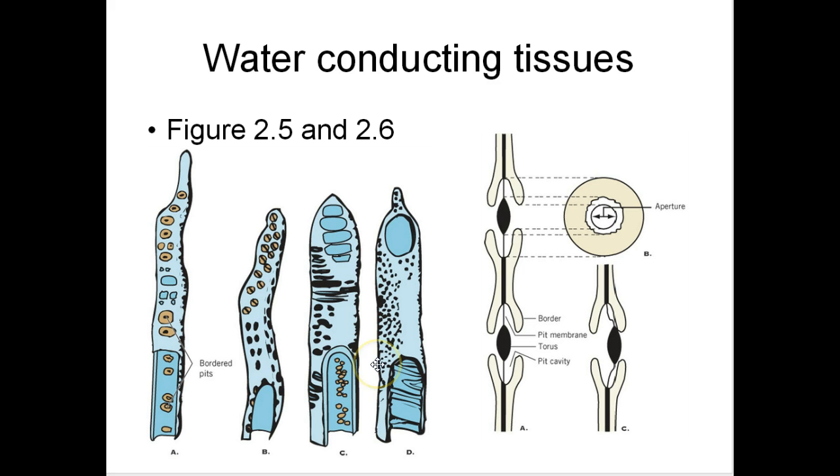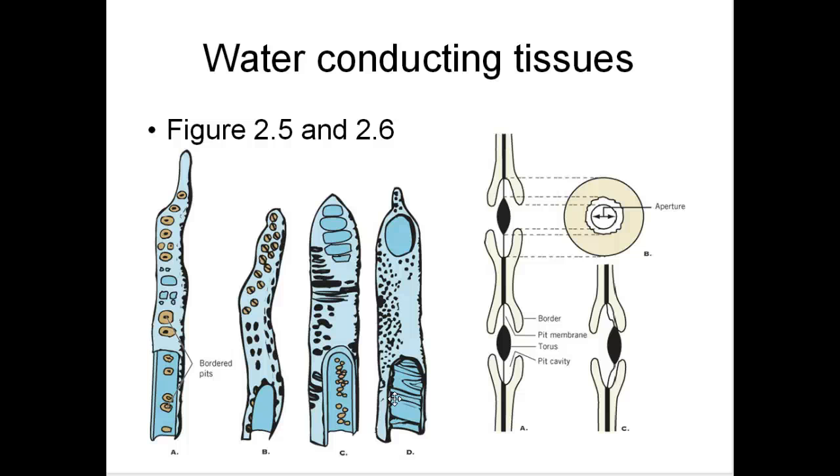Okay. So water moves in the xylem by a combination of, well, several things, but one of the things is capillarity, which is the movement of water in a very narrow tube, which is what the xylem is.